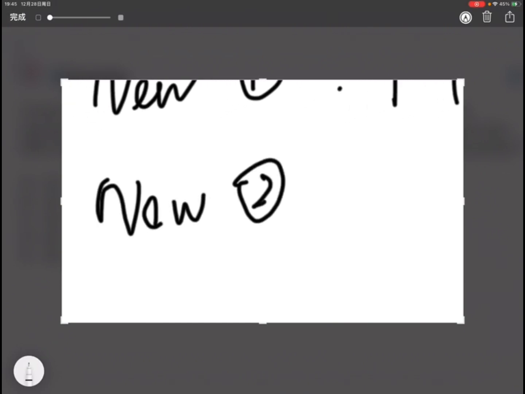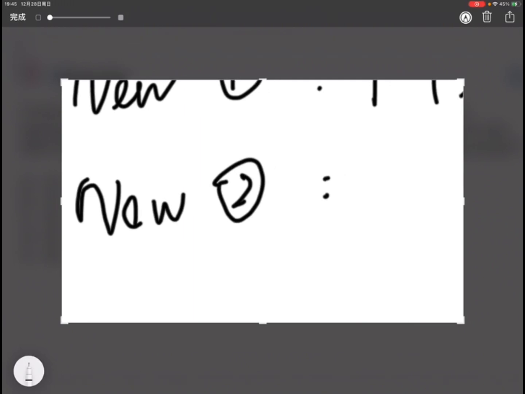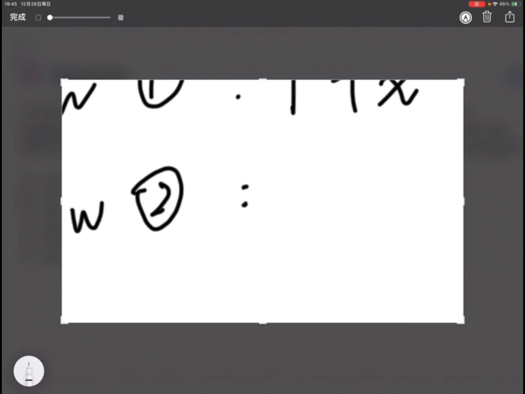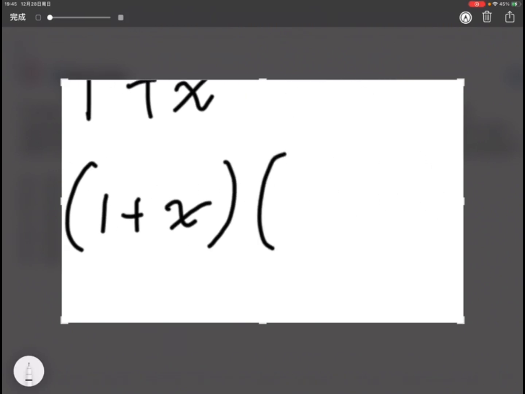The second new price would be the first new price times 1 minus x, because they decreased that percentage by x again.